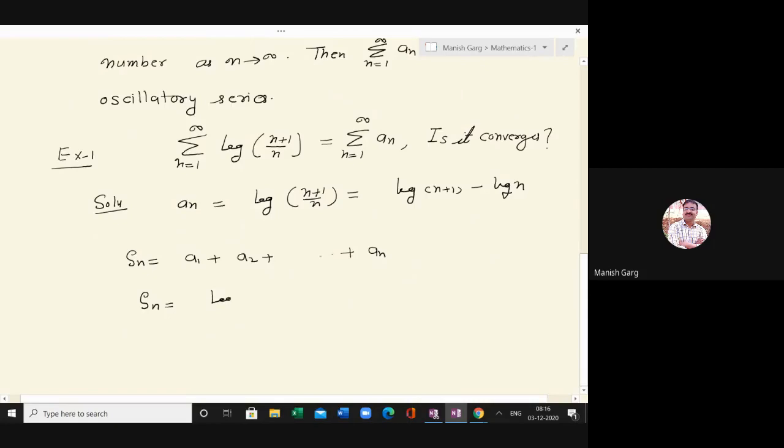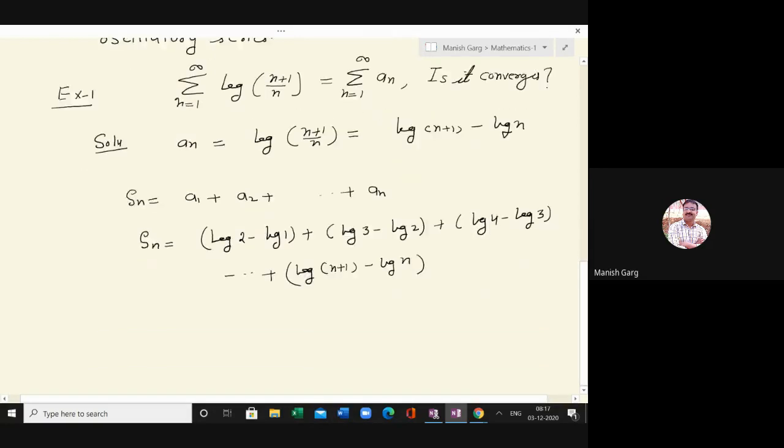This will be log 2 minus log 1, plus A2, put n equal to 2, log 3 minus log 2, plus A3, which will be log 4 minus log 3, plus up to log (n plus 1) minus log n.